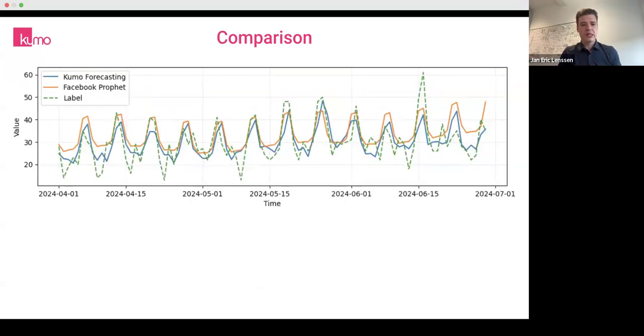So yeah, we can look at some results here. What we did is we trained our model on a specific business task, and we compared it against Facebook Prophet. While Facebook Prophet is actually not so bad in giving you forecasts already in a quite simple way, you can also see that it sometimes misses the trend a little bit and that it fails to capture higher frequency information of the time series.